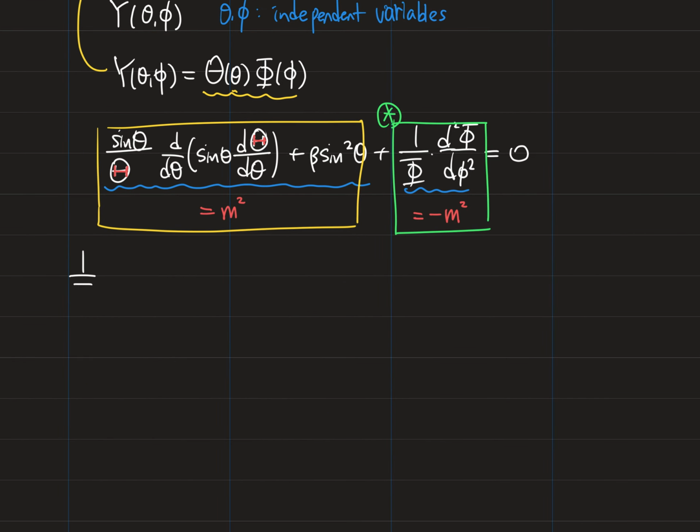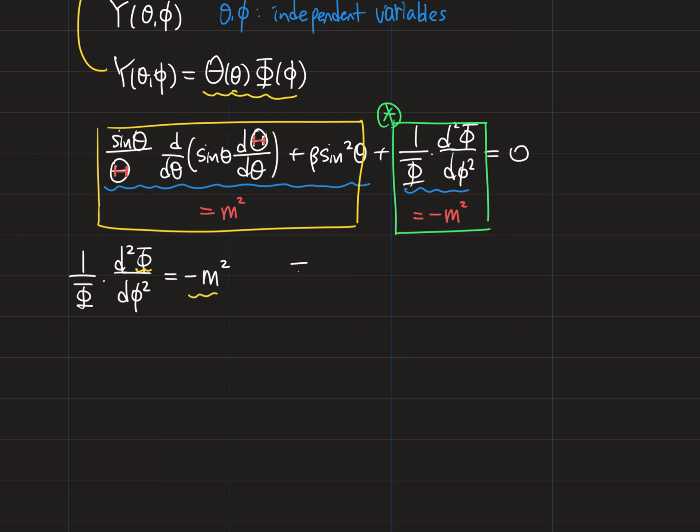So 1 over capital Phi, d squared Phi, d phi squared should be equal to minus m squared. So this is a very well-known linear differential equation, right? You want to take the second derivative of your solution, and that should be equal to some constant multiplied by itself.